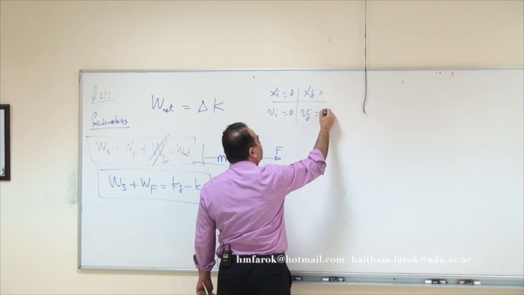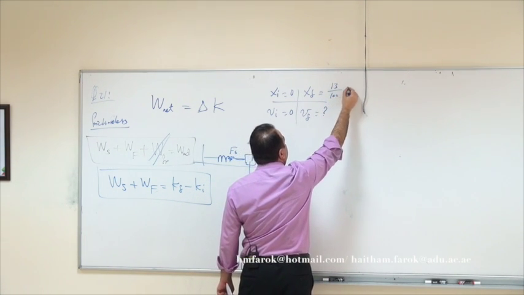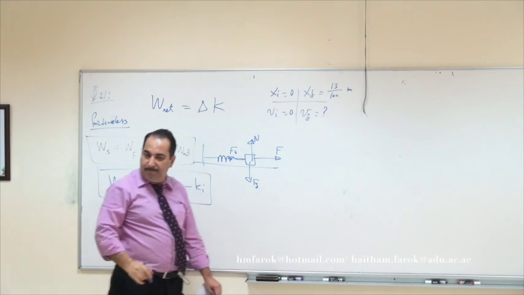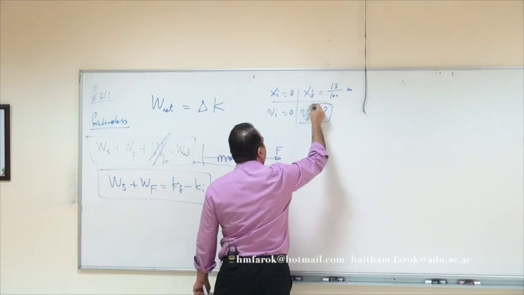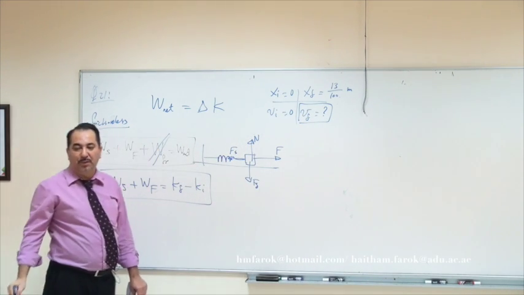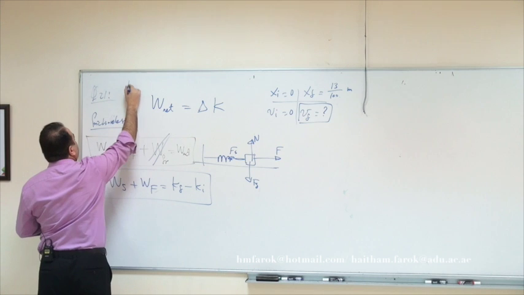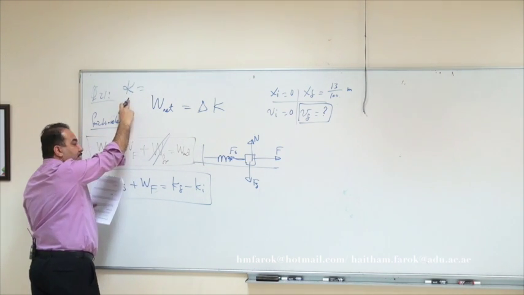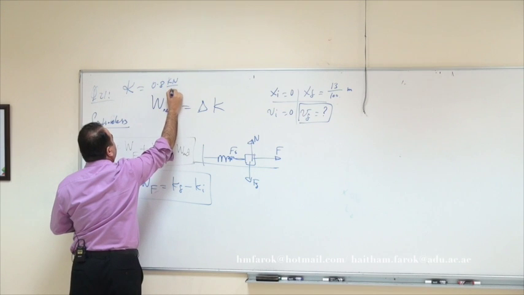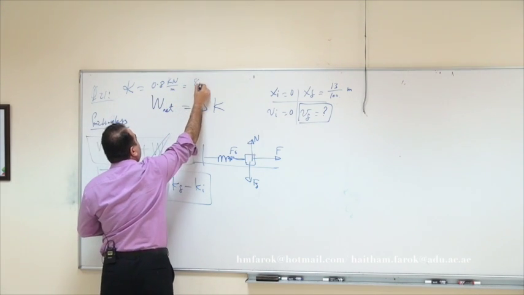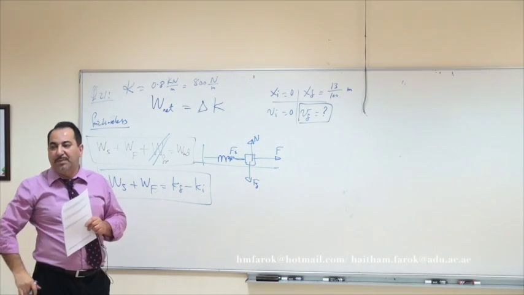So x final is 13 over 100 meters. Change it to meters. So what is the unknown? The final speed of the block. Of course, the question gives k. Be careful with k. This is not kinetic energy. k is 0.8 kilonewton per meter, which is 800 Newton per meter, because kilo is 1,000, multiplied by 1,000.